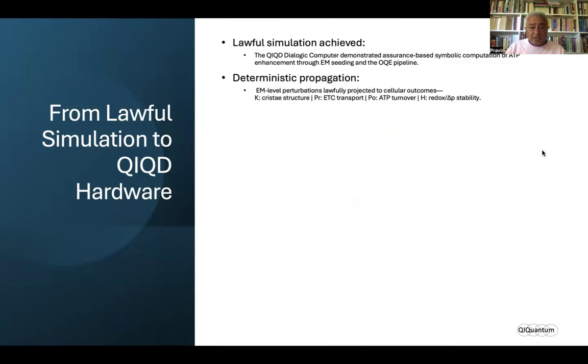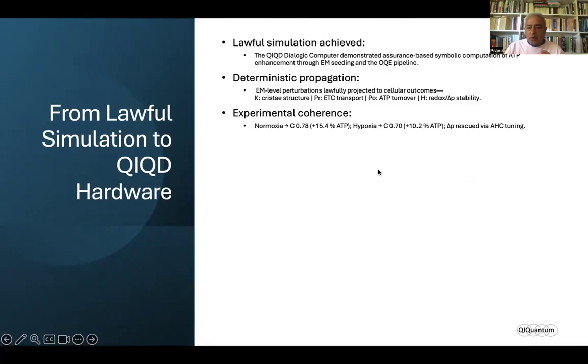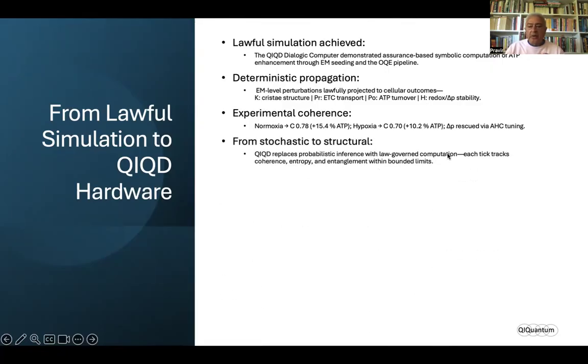So what this suggests is that at the level of simulation, it's a deterministic propagation, so it's not stochastic. And that means that we then have more control, or we can design product in such a way that we increase ATP production. There's coherence, experimental coherence in both normoxia and hypoxia conditions. Again, re-emphasizing that this moves us from a stochastic to a structural model.